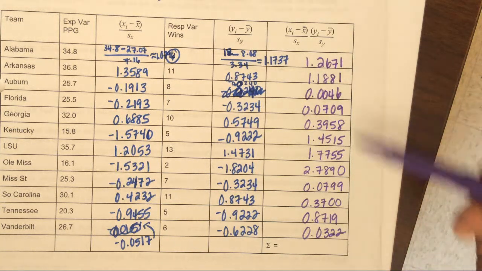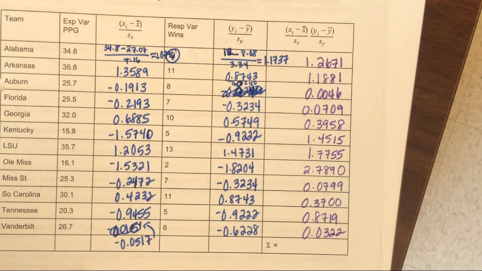Okay, now to add up all these things and hopefully not make a typo. So 1.2671 plus 1.1881 plus 0.0046. I'm going to press enter.